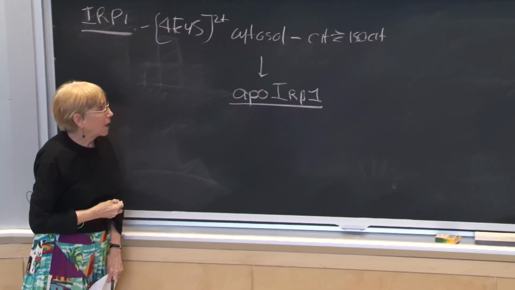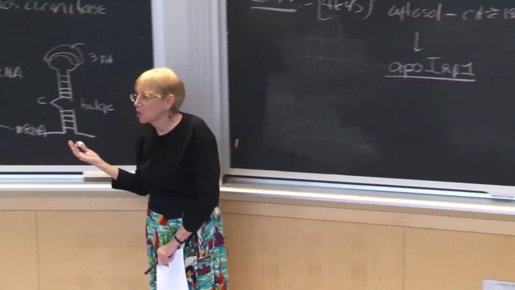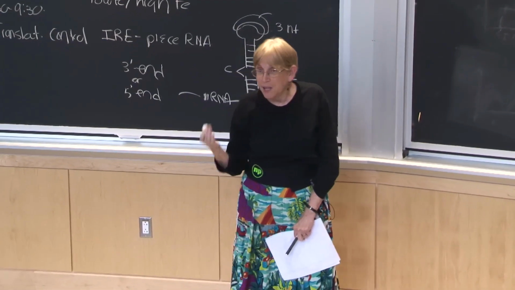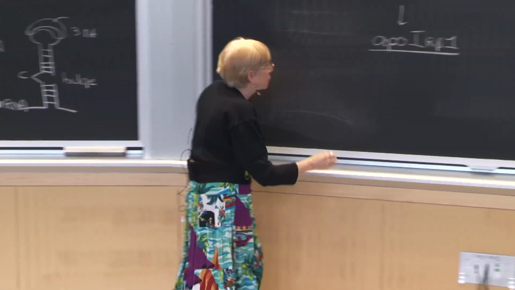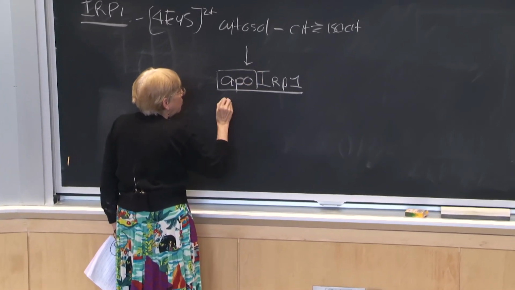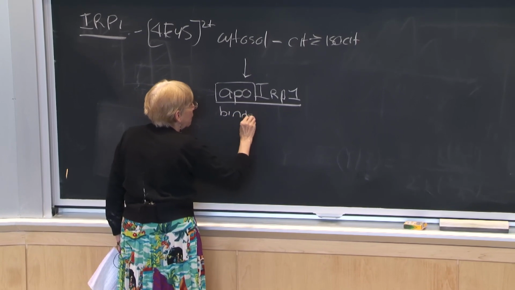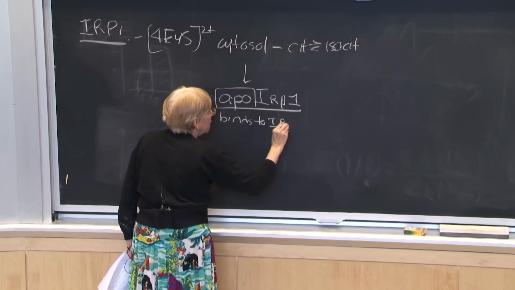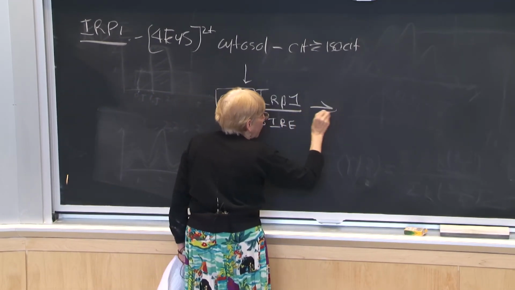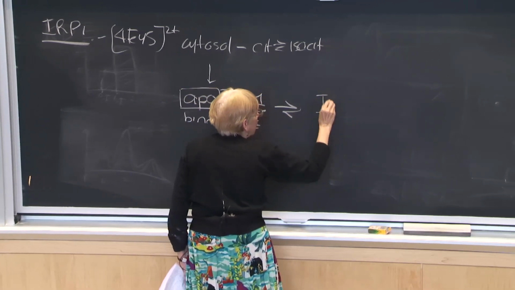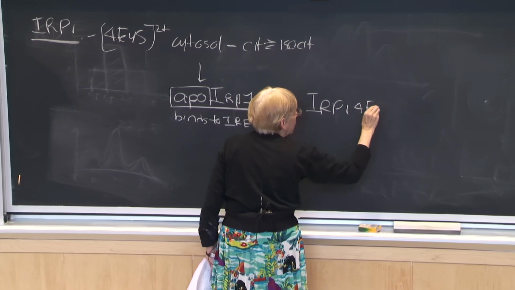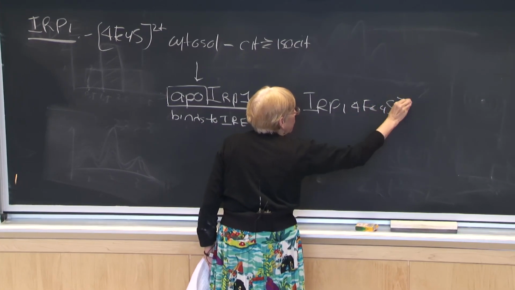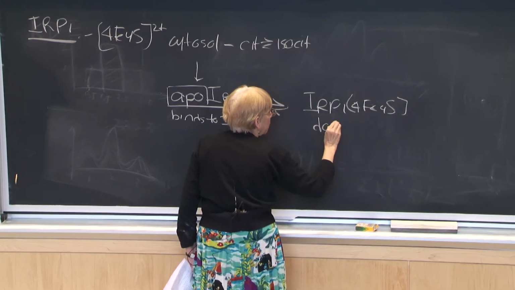And apo IRP1, so somehow the cluster magically disappears. And when it disappears, it can bind to the IRE. So in the apo form, that means no metal, it binds to IRE. Okay, whereas in the 4-iron, 4-sulfur loaded form, it does not bind.